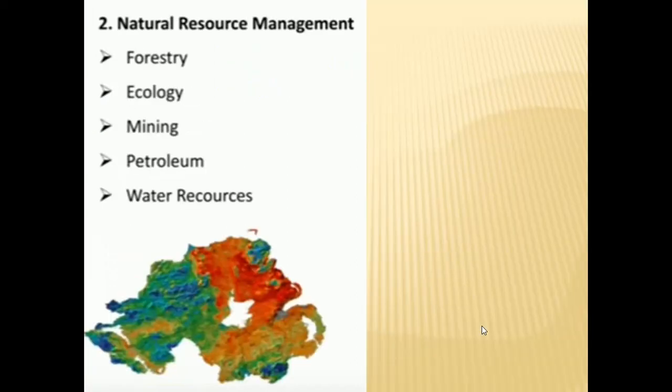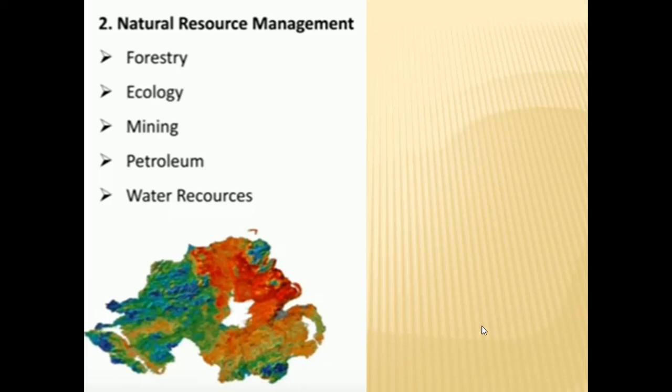Then natural resource management for forestry, ecology, mining, petroleum, water resources. For forestry also we are using GPS and GIS technologies. So different types of forests, thick forest and thin forest, and deciduous forest. Like that, different types of forest are also studied with GIS and GPS technologies, and ecology and mining.